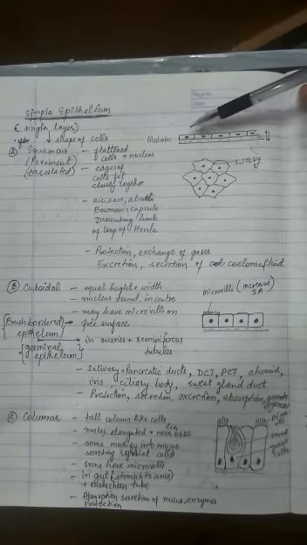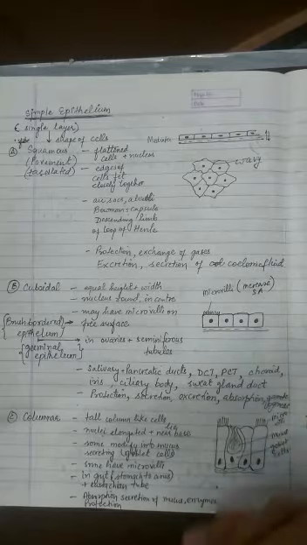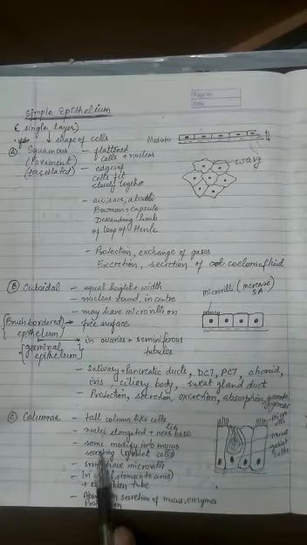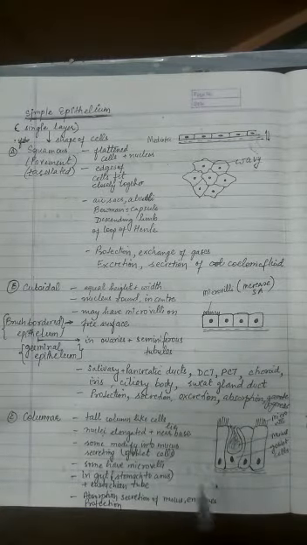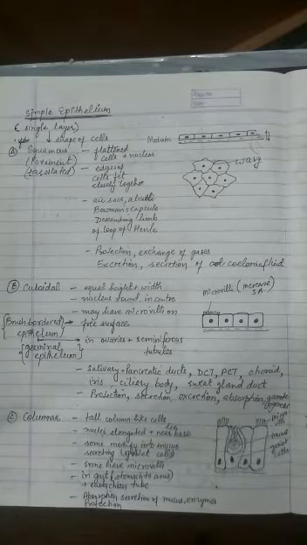So here they are in the center, here they are in the center. In this case they are much closer to the base. Some of these cells are modified into mucus secreting goblet cells. So these cells will develop a cup-shaped structure and secrete mucus inside, and such single cell glands, example is goblet cell. Goblet cell is an example of single cell gland.